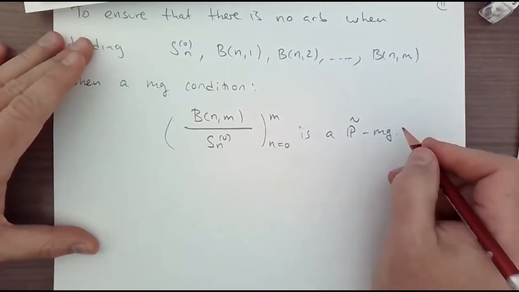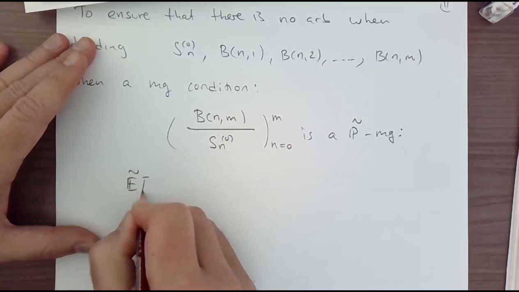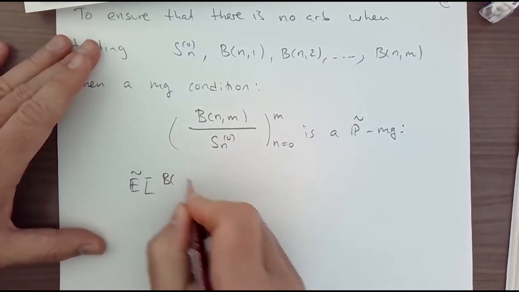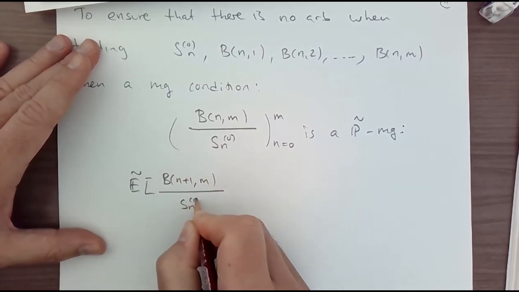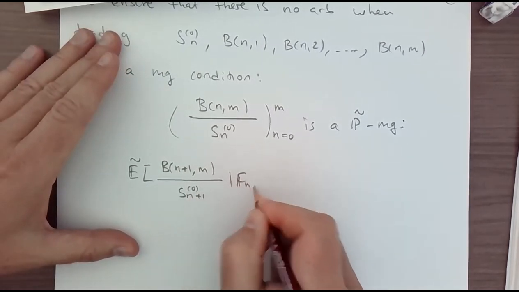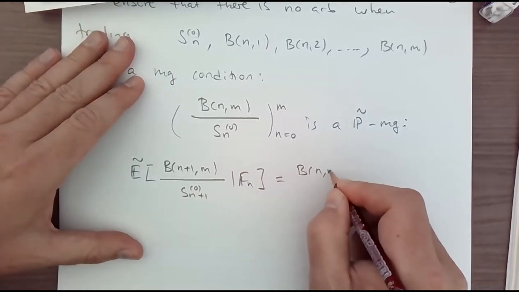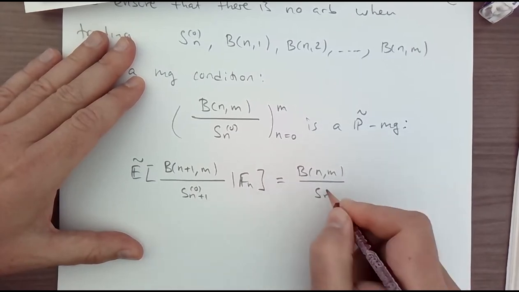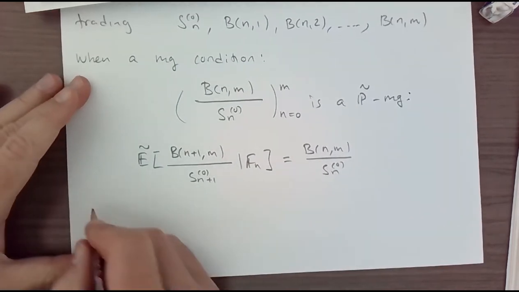So what I need is that the conditional expectation under the P tilde measure of B^{n+1}_M divided by S_{n+1}, the bank account at time n+1, conditioned on F_n, equals B^n_M divided by S_n. This is the definition.